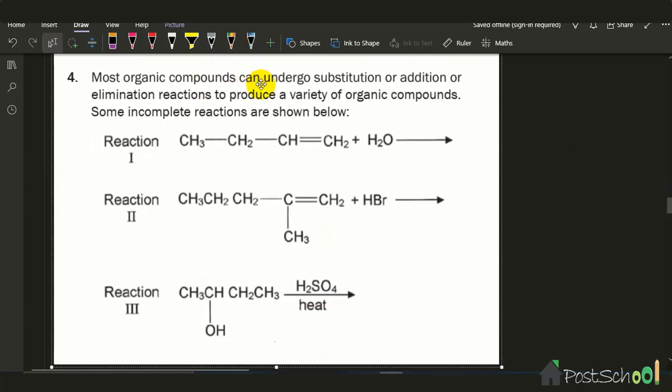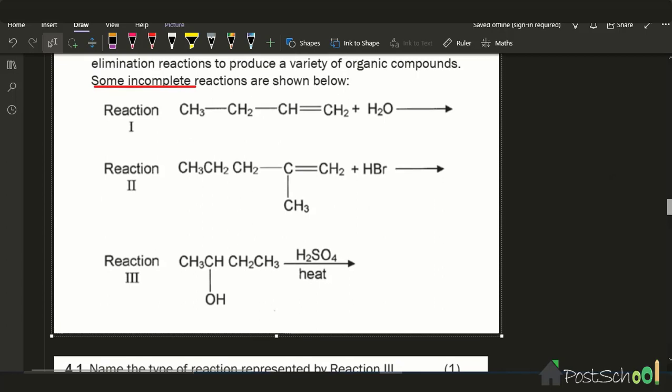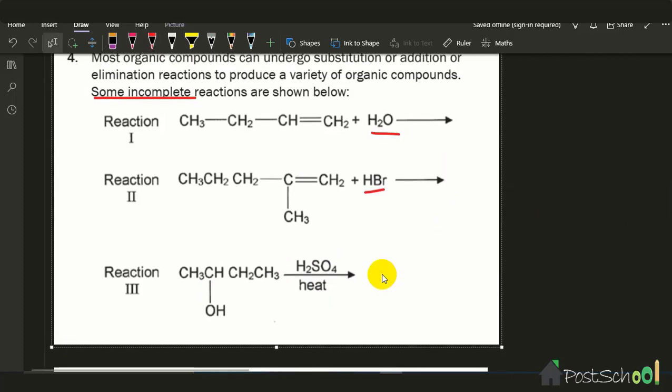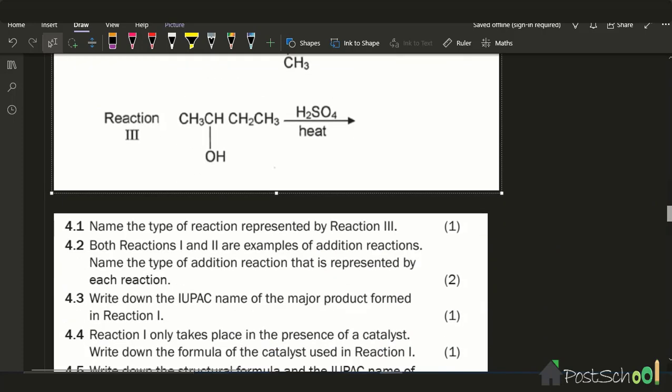Most organic compounds can undergo substitution, addition or elimination reactions to produce varieties of organic compounds. Some incomplete reactions are shown below. The reactions include addition of water, and addition of hydrogen and halogen. Obviously here there will be elimination because this is a saturated compound.